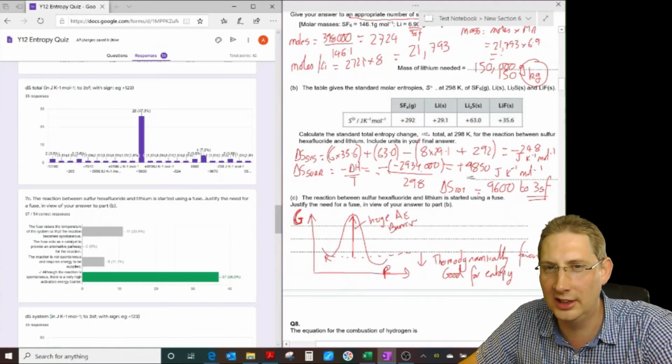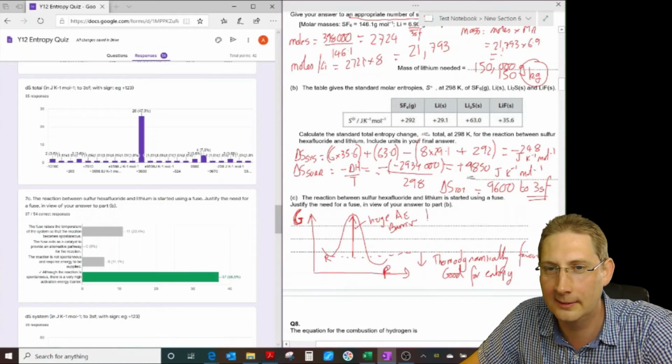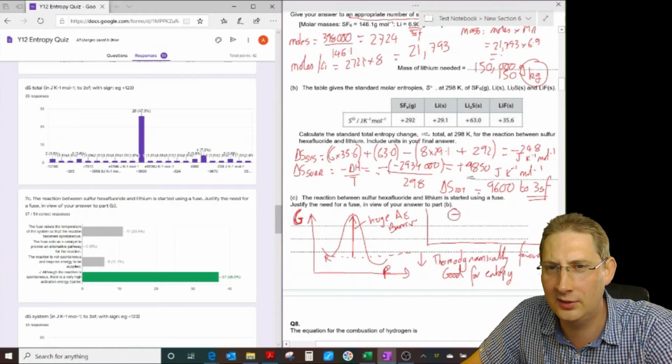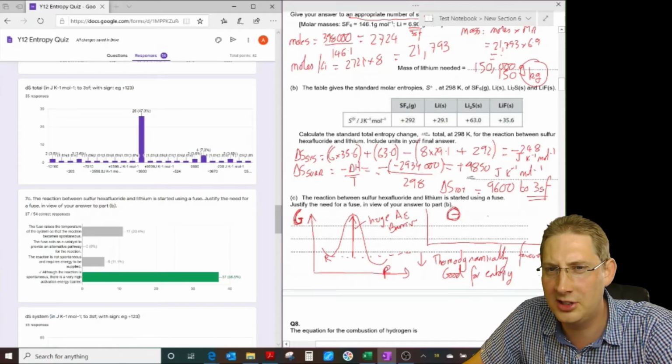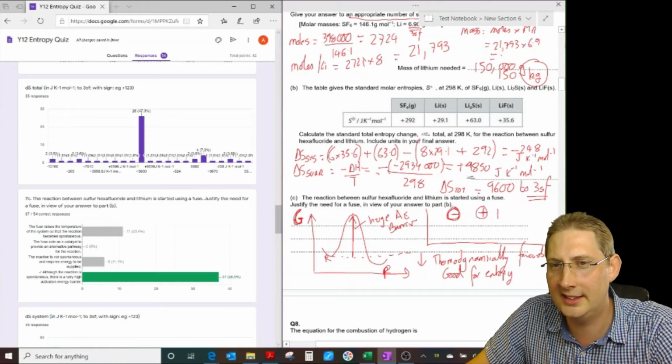But actually that wouldn't work, because if you have a look at this, the entropy change of the system is negative and the entropy change of the surroundings is positive. So as the temperature goes up, this number gets smaller.